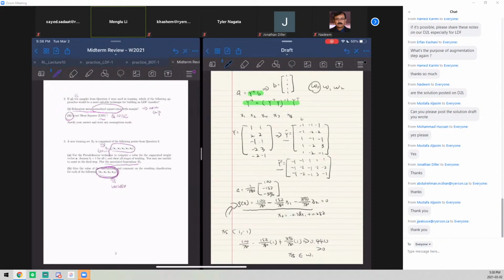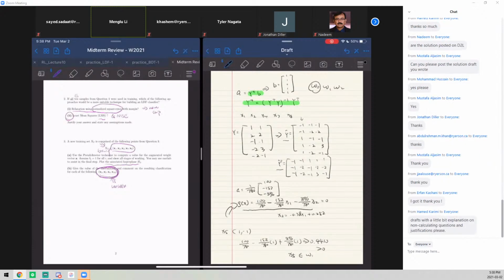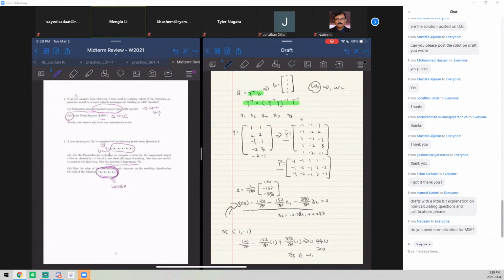We do the augmentation to add one more degree for the bias weight. We do need the normalization for the MSE. So right now you can see here. Let me change the color. It's negative. And here is 1.